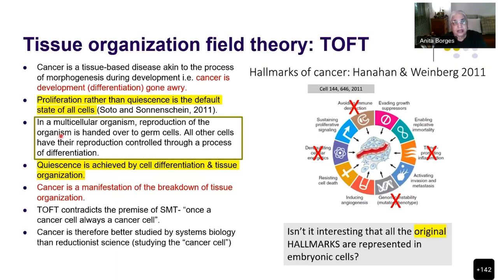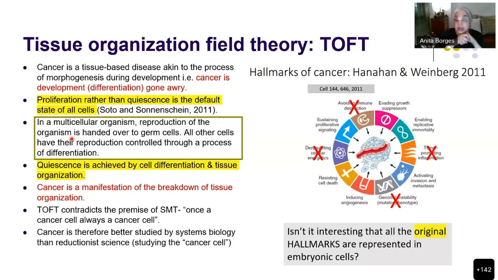All right? And listen to this. In a multicellular organism, reproduction of the organism is handed over to germ cells, right? All other cells have their reproduction controlled through a process of differentiation. But if you go to a sponge, for instance, every cell in the sponge is able to grow, and it is not differentiated.